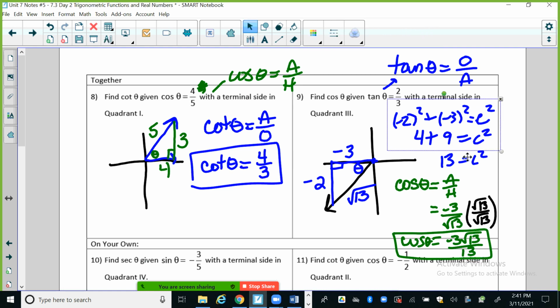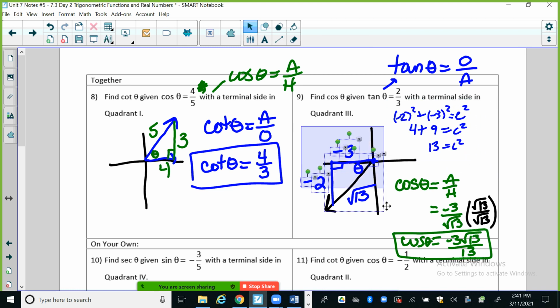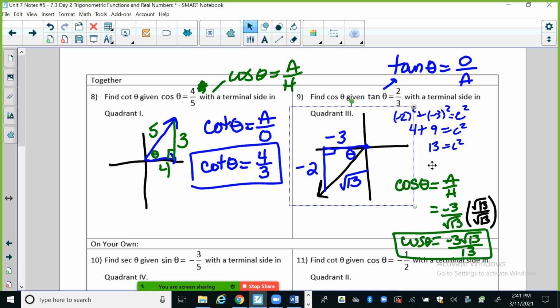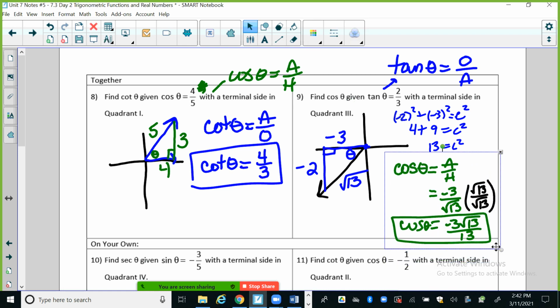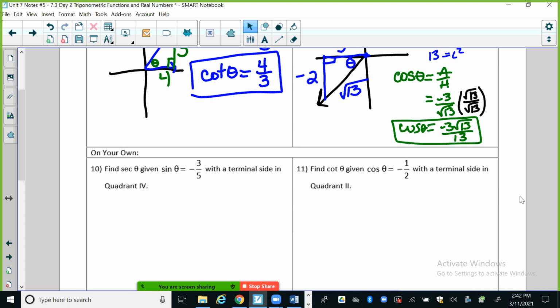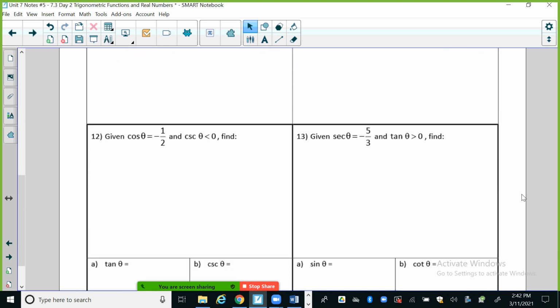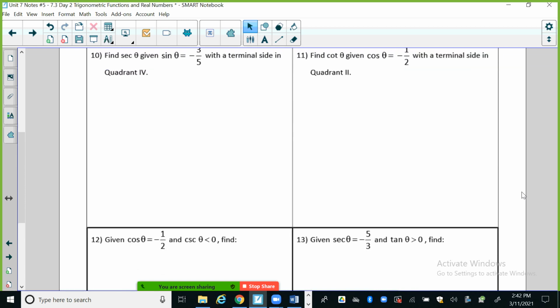All right, any questions that we have over examples 9 and or 8? All right, go ahead and do 10, 11, 12, 13. Sorry, 10 and 11 on your own.